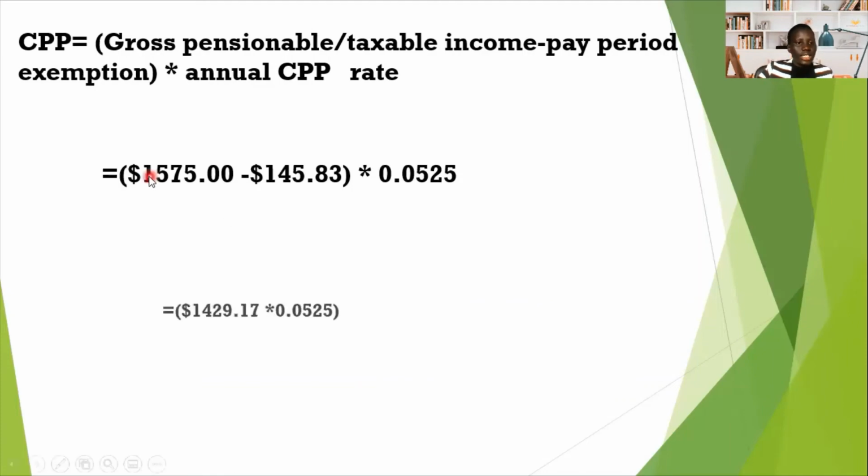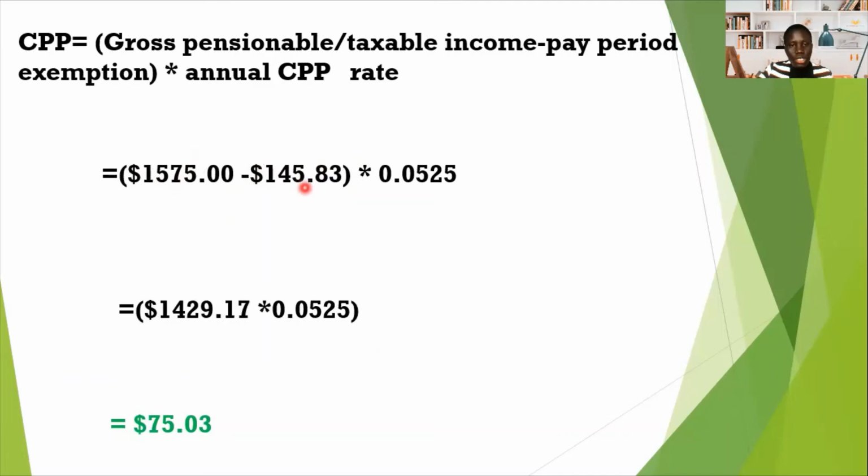You take the gross amount for that semi-monthly pay period, minus the pay period exemption that we already calculated by taking 3,500 divided by 24, and then multiply it by 0.0525.